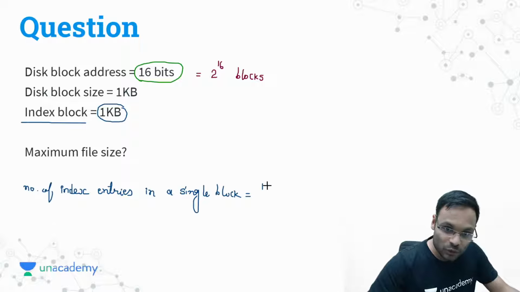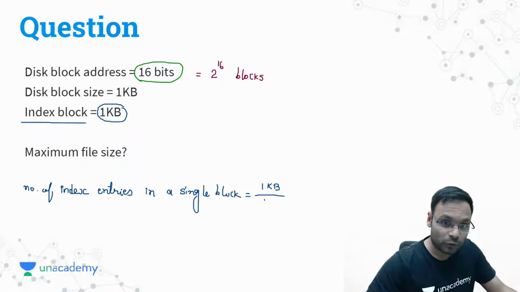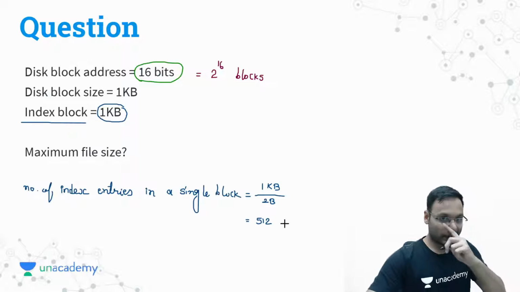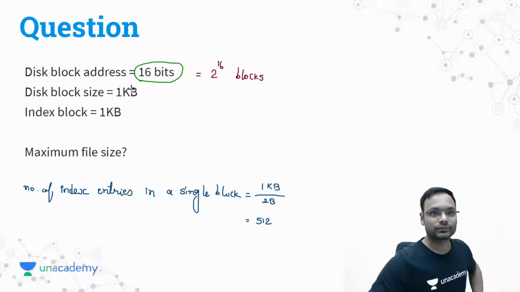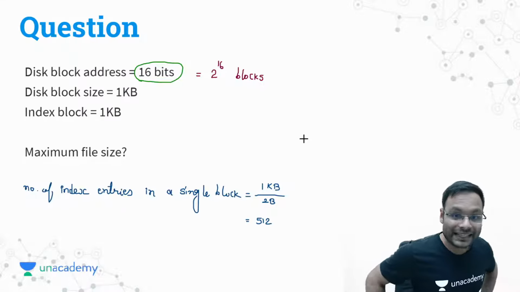1 kilobyte is the total data divided by one address. One block address is of 2 bytes. 2 power 10 divided by 2 power 1 gives 512 entries. In a single block, you can keep 512 entries. Yes or no?